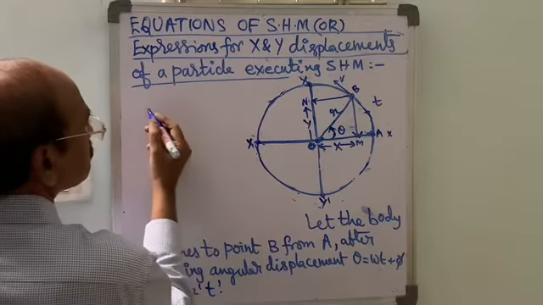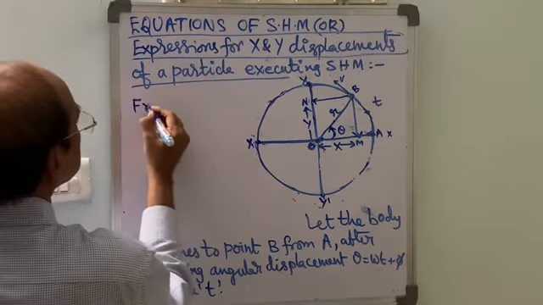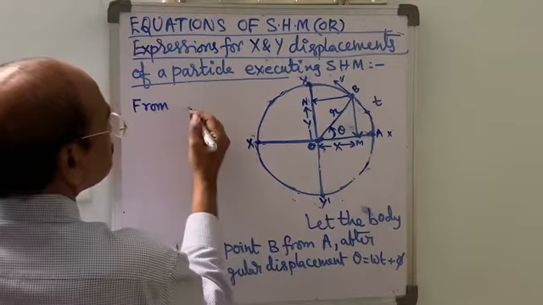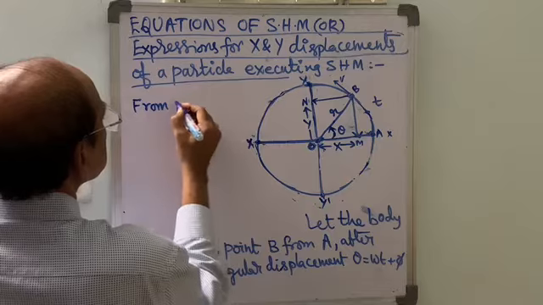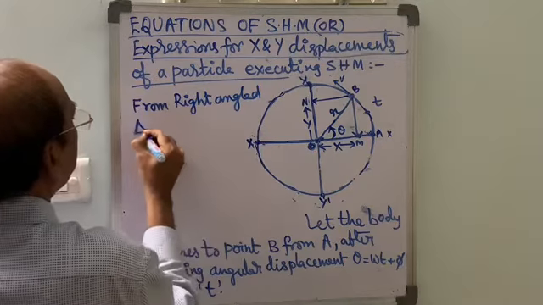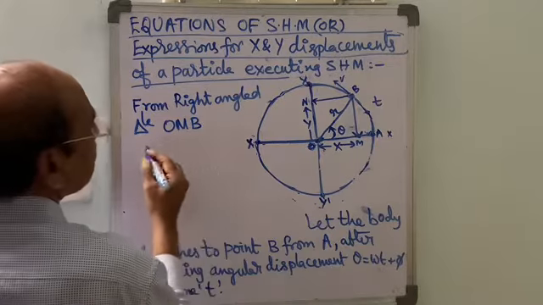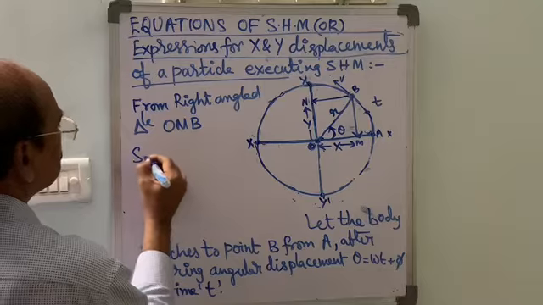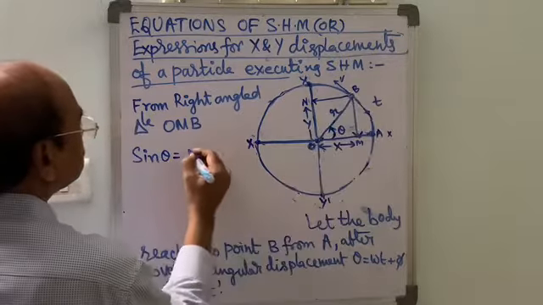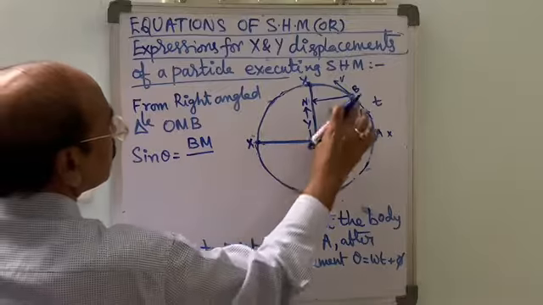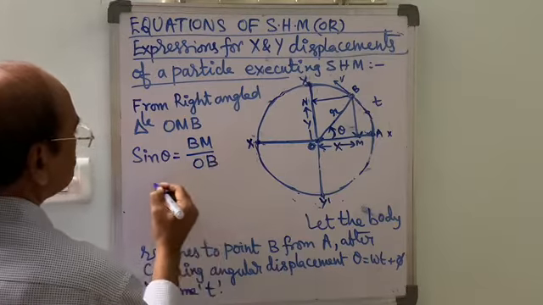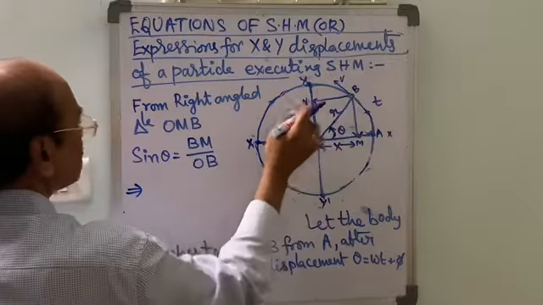Therefore, from the figure, from the right angle triangle OMB, sin theta is equal to opposite side BM by hypotenuse OB. BM is equal to the y displacement.